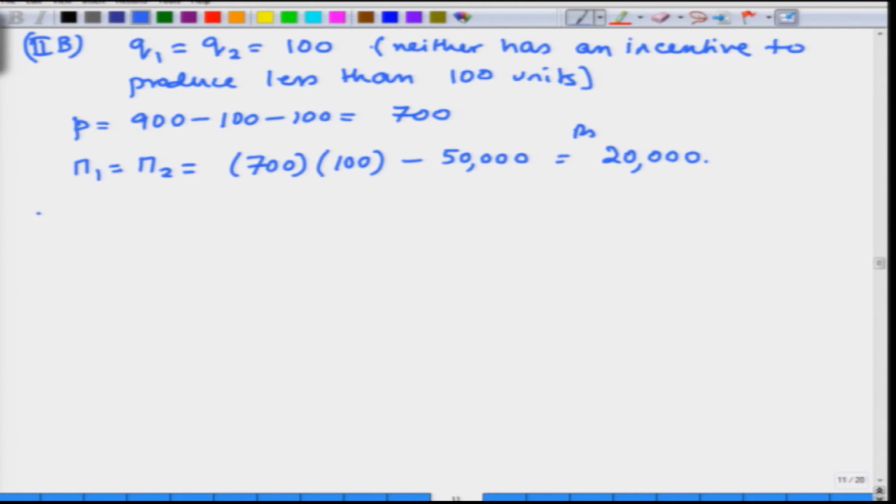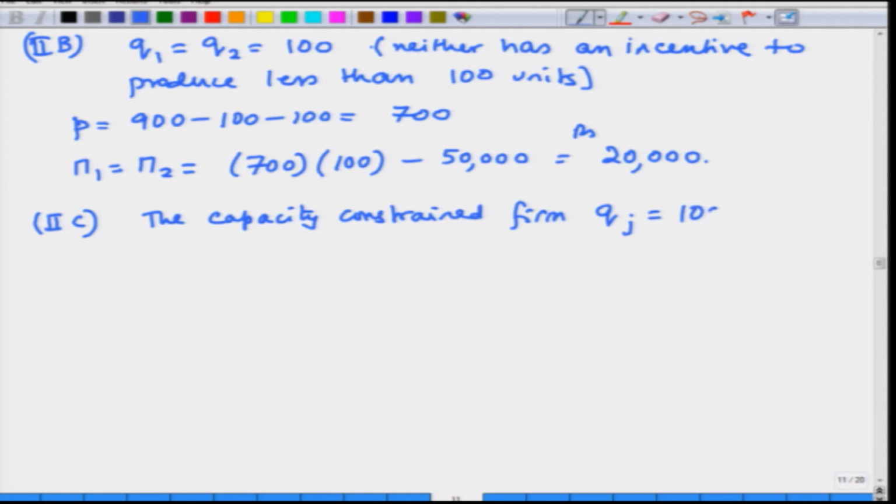And finally, if we have an asymmetric case where firm I is constrained in capacity, but the other firm is not, the capacity constrained firm, let us call it firm J, is going to produce, let us say, 100 units.